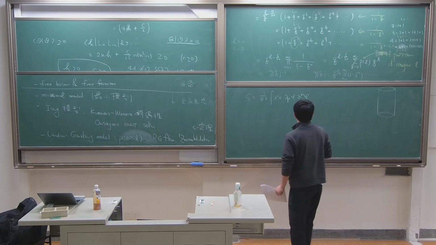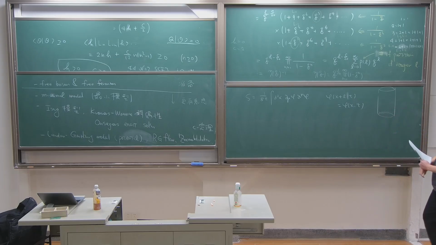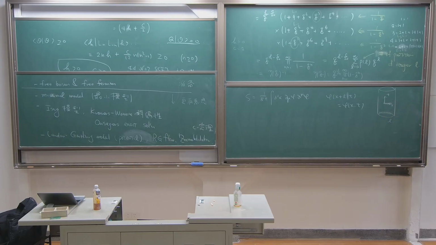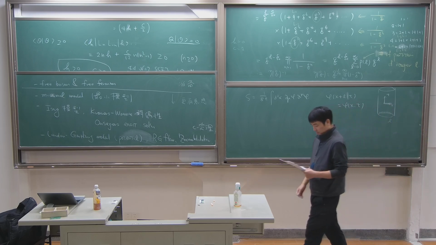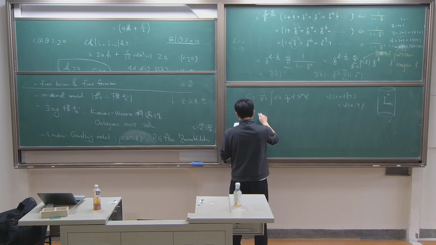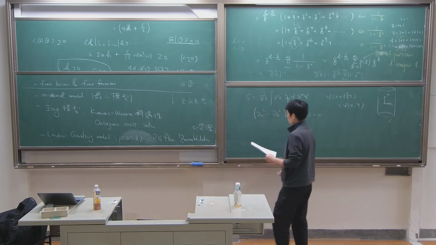We just impose this condition, so the circumference is L. This is X, and this is T. The circumference is L. Then the Laplace equation, or equation of motion, is this.